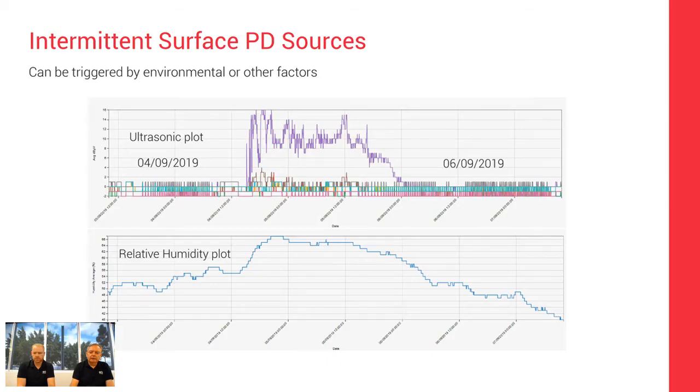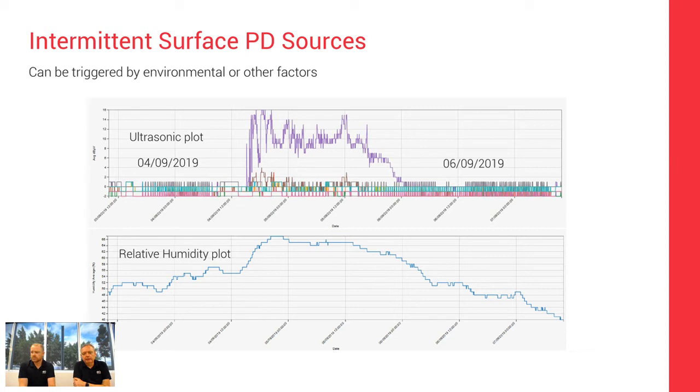Looking at an ultrasonic example, surface discharge will be much more affected by the relative humidity in the atmosphere compared to an internal void where it's contained within the insulation. So in this particular one, you can see if we went into our substation on the 4th of September, we'd find nothing.